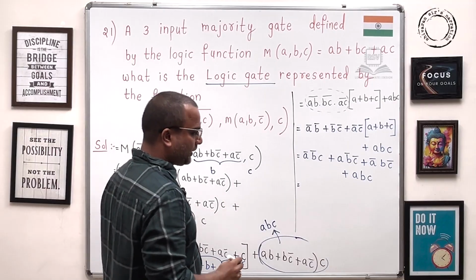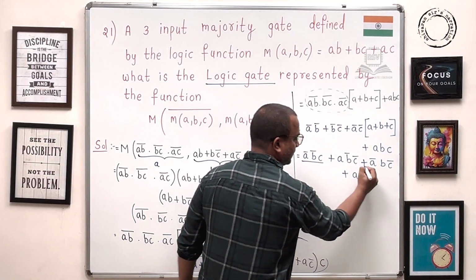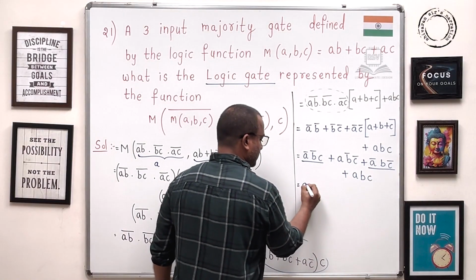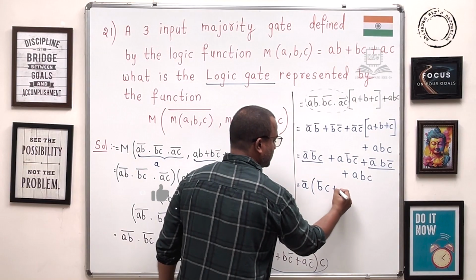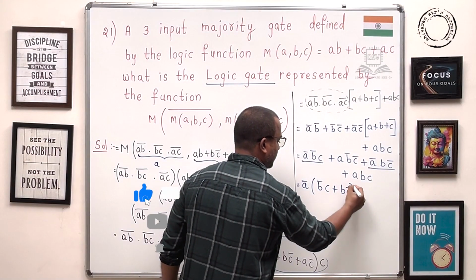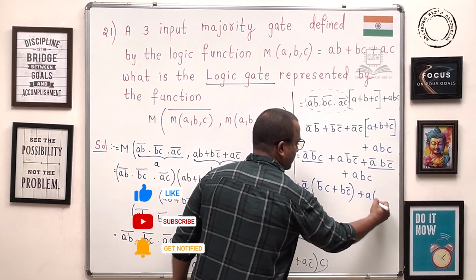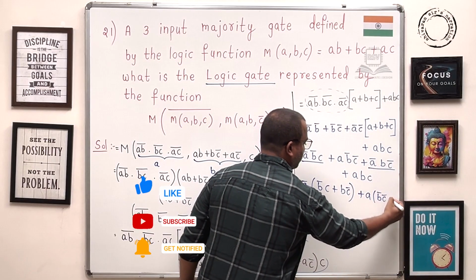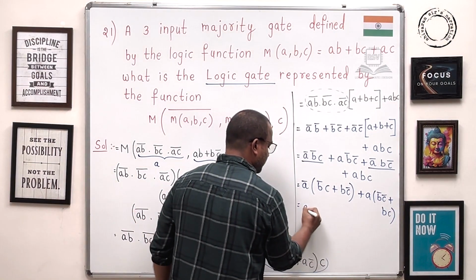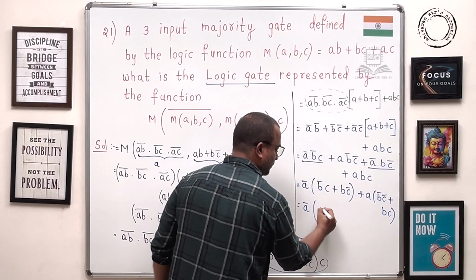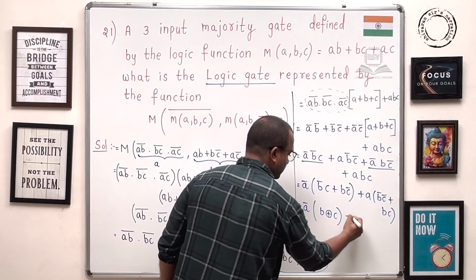Okay, now here you see A bar and A bar, then you can take the common A bar, B bar C plus B C bar. Again A common, B bar C bar plus BC. So guys, you can rewrite it as A bar into B XOR C only, isn't it? Yes.